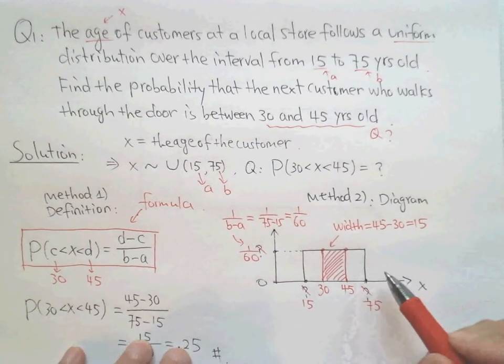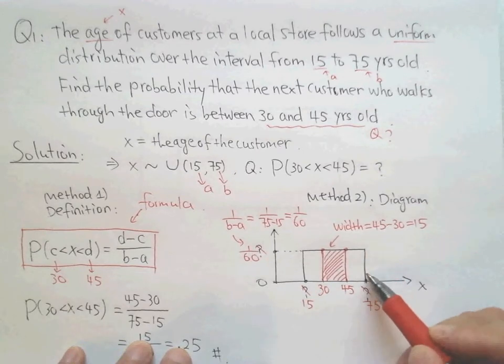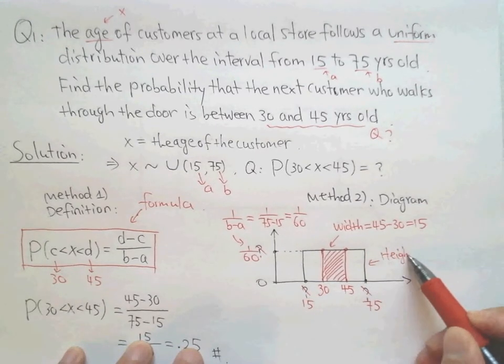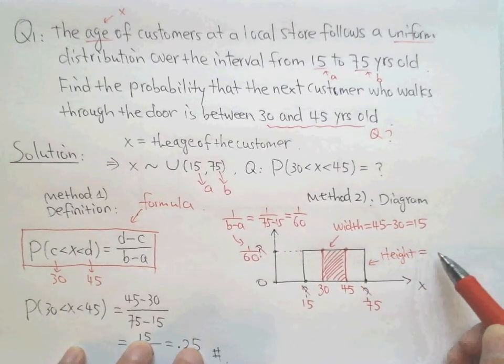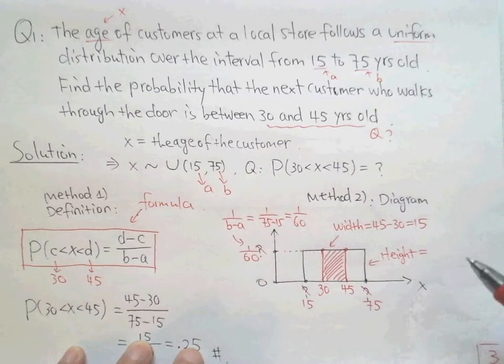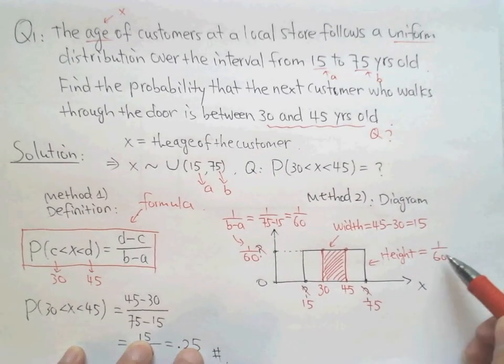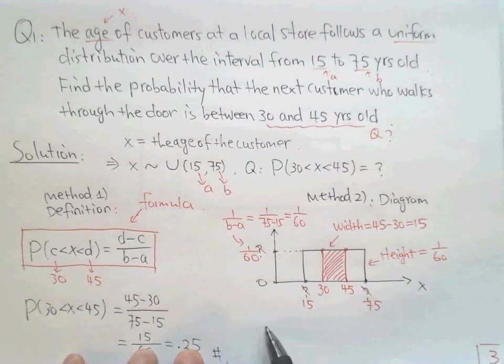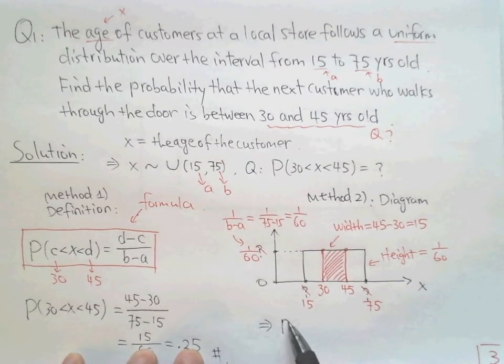And then now we're going to calculate the height. The height is exactly this height, right? Okay, it's the same. I put here the height of the rectangle equals this number, right? So all the same: 1 out of 60. Now we have everything, right?